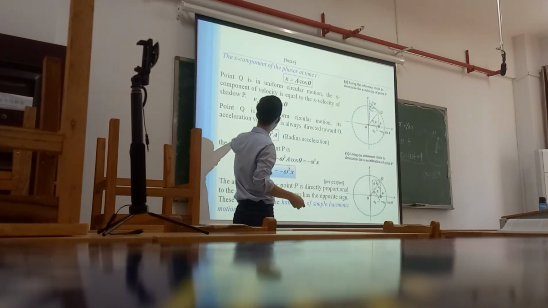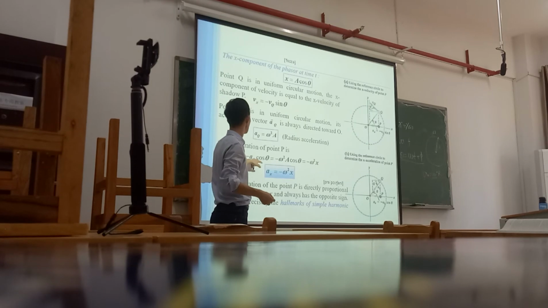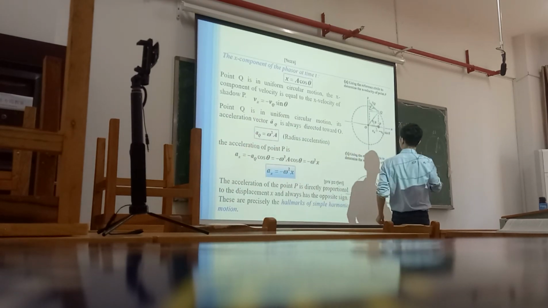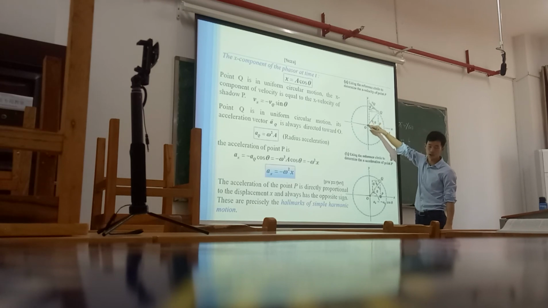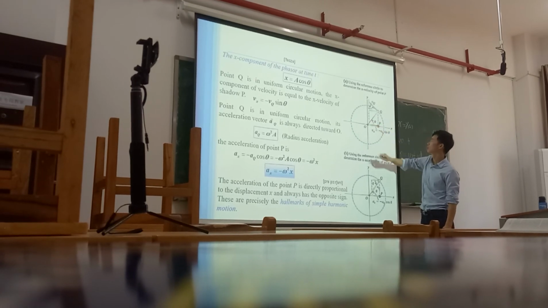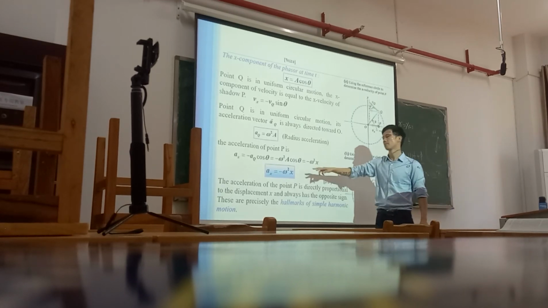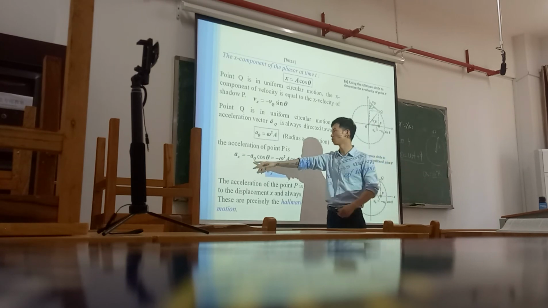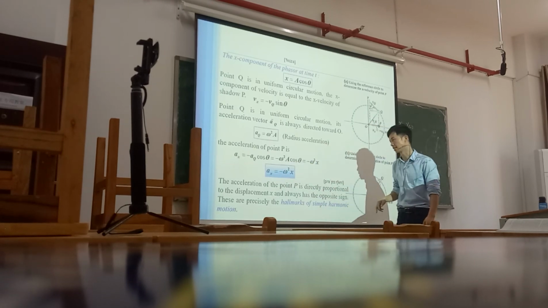So this is the acceleration of the point Q, and we should find the projection of a_Q along the x-axis. Here a_x is equal to minus a_Q cosine theta. a_Q is along this direction and points to the origin, so the component along the x-axis is a_Q cosine theta, and a_Q is equal to omega square A, so a_x is equal to minus omega square A cosine theta.